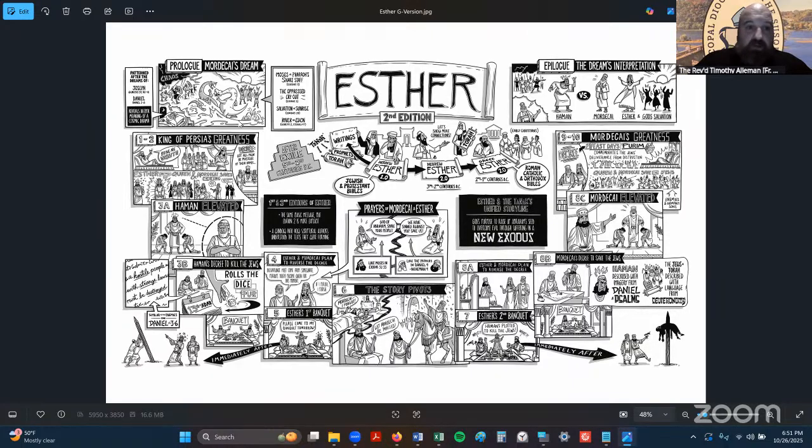Here's where we go. The first two chapters are showing the greatness of the king of Persia. This grand empire, vast, massive empire. We'll talk about that in a moment after we look at this. And it's in the midst of this showing forth of the greatness of the king of Persia that we meet Esther.